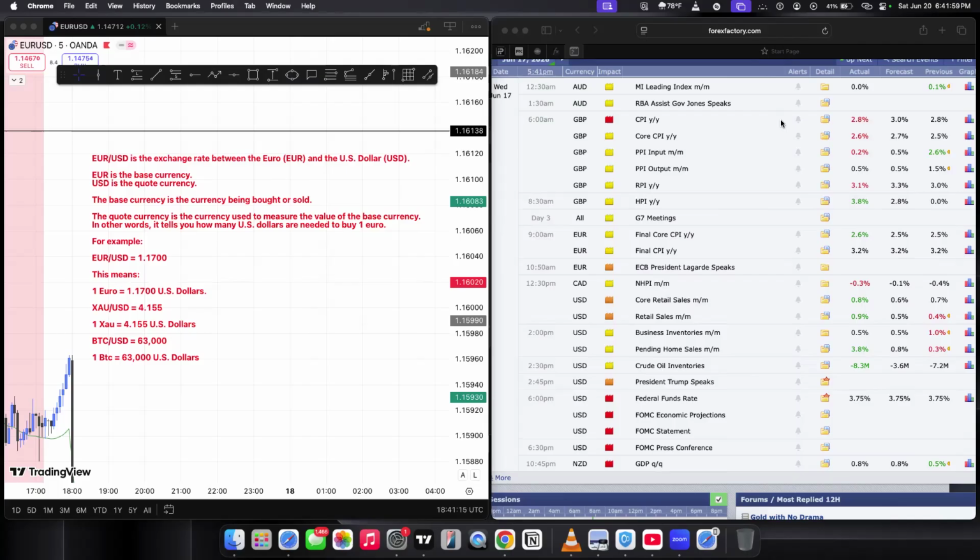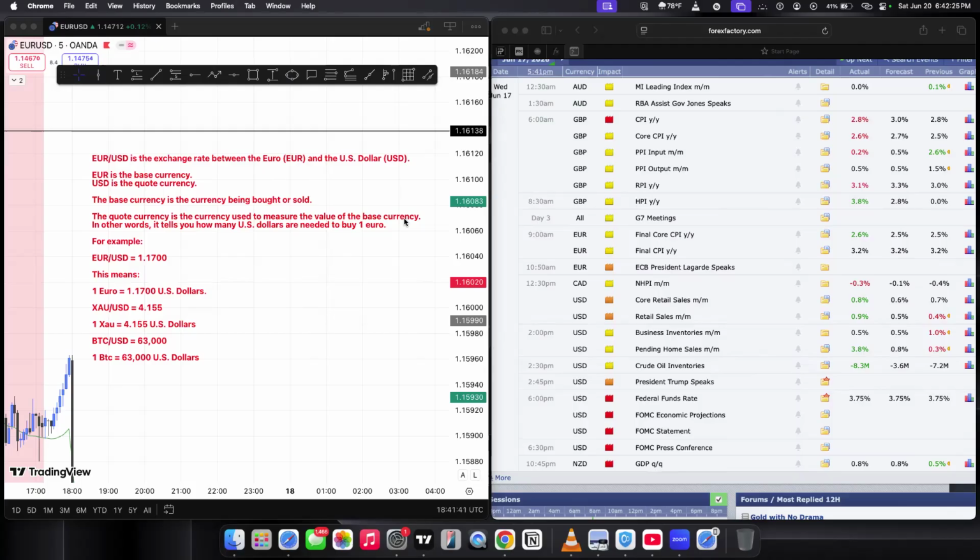Positive news on the euro can strengthen the euro. So when we have positive news, we can have a high probability that the Euro USD, which is the base currency, if the news is positive on the euro, then euro is going to be bullish, or euro is going to rise.